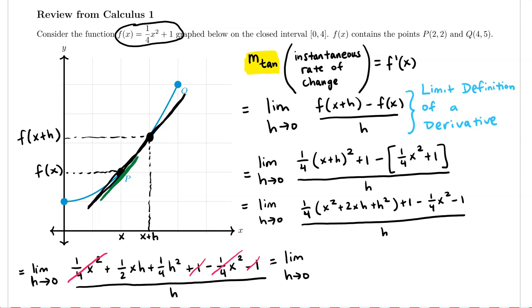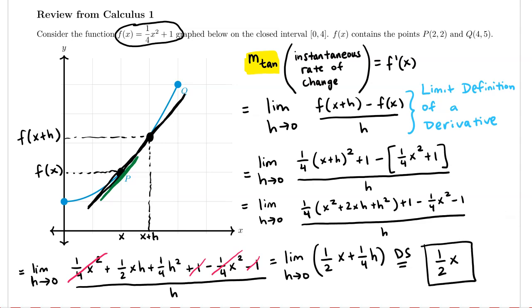I can factor those out and divide that with the h in the denominator, giving me the limit as h approaches 0 of 1/2 x plus 1/4 h. Now I no longer have an h in the denominator, meaning that I can use direct substitution. And if I plug in h equals 0, notice that for all this work, we get that the derivative is the function 1/2 x.